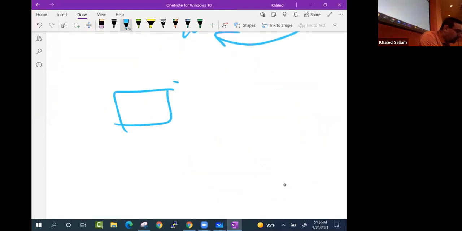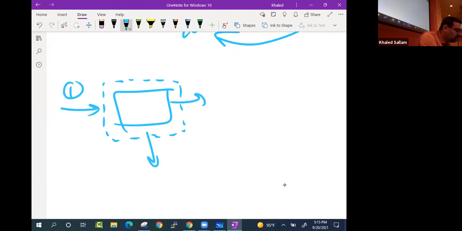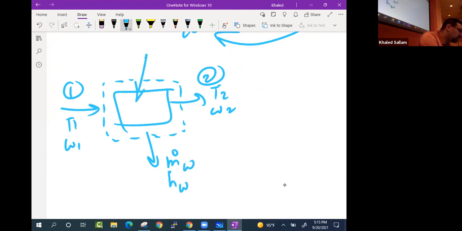So when I do this, I write here 1, and this is 2, with T2 and W2, and T1 and W1, and this is m dot water and H water. And then the Q, because it's leaving, is going to be like this, Q dot coil, or Q dot cooling, or something. We can just call it Q dot C.